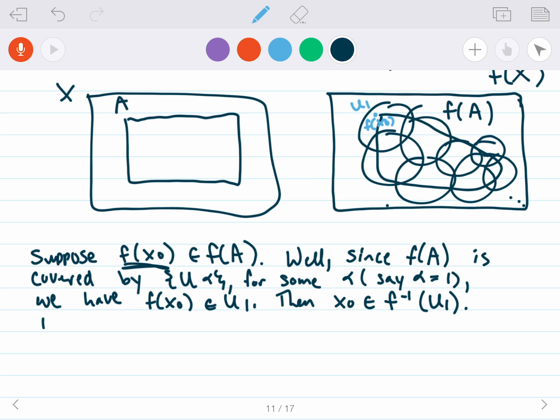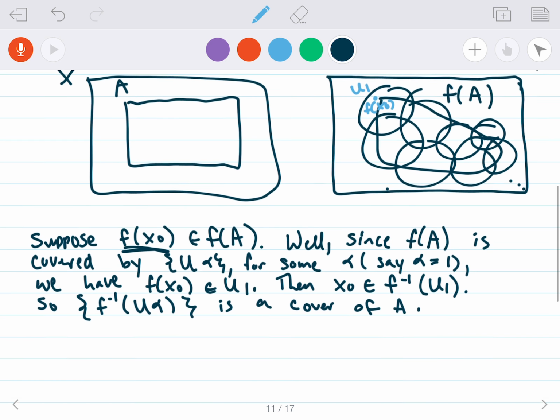That means that the infinite collection, the pre-images of these U alphas, is a cover of A. You apply the same logic: take anything in the image of A and pull it back to the pre-image, and it's going to be covered by these pre-images of the U alphas.